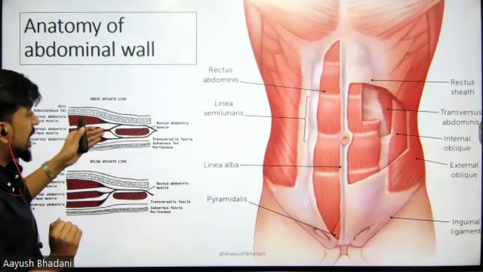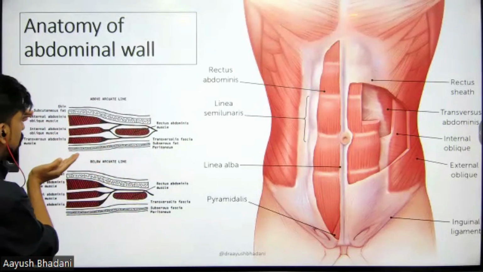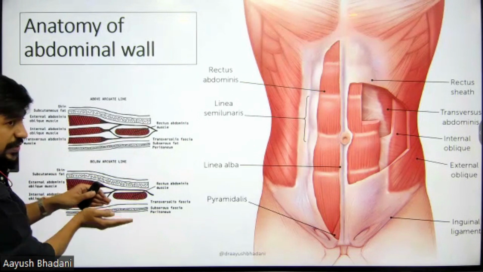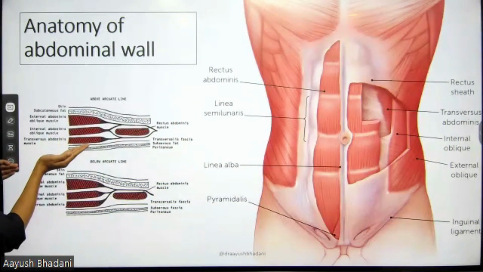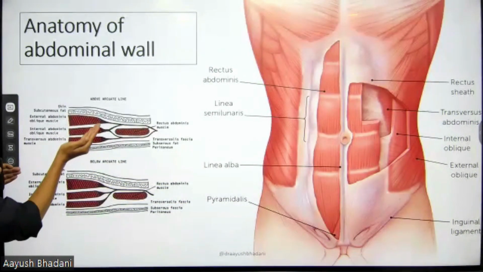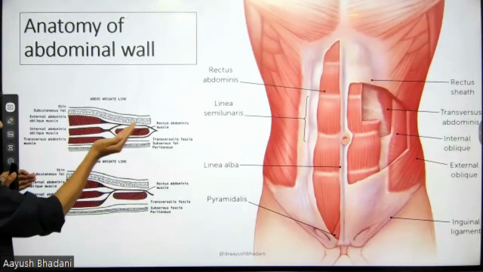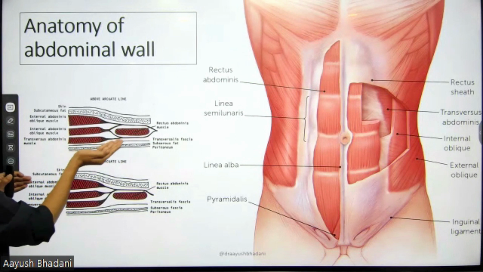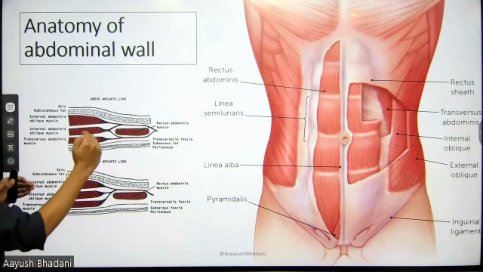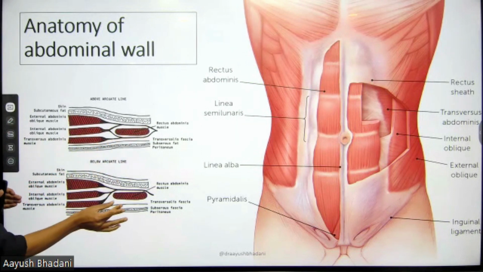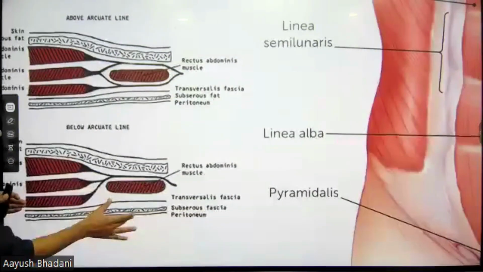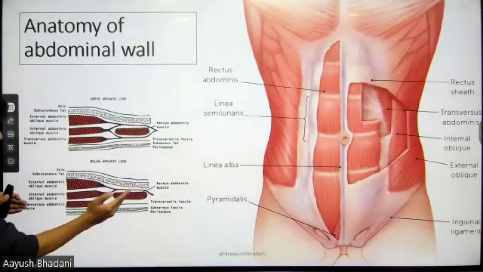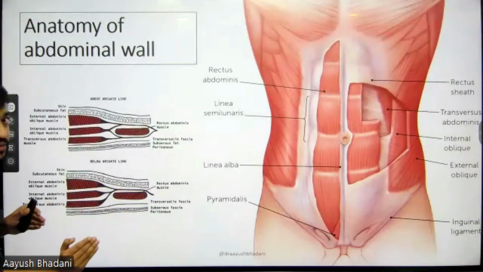Above the arcuate line, we have the rectus abdominis, and the external oblique, internal oblique, and transversus abdominis, where the external and internal form the anterior rectus sheath, and internal and transverse form the posterior rectus sheath. But below the arcuate line, the posterior rectus sheath is not there. It is only the anterior rectus sheath which is there, formed by all the three muscles.